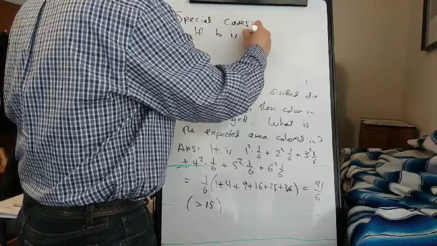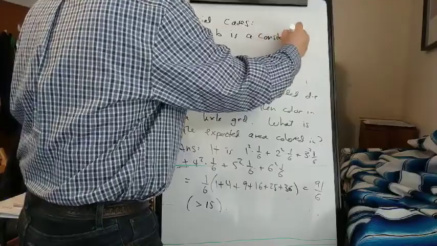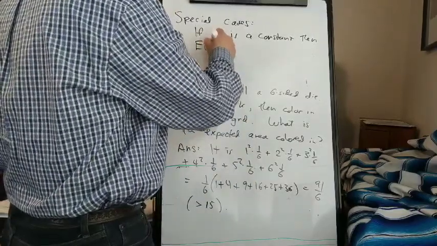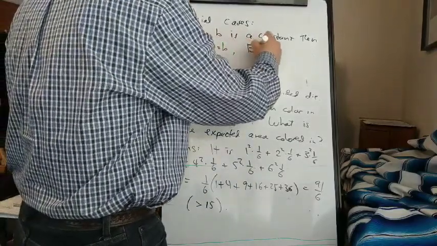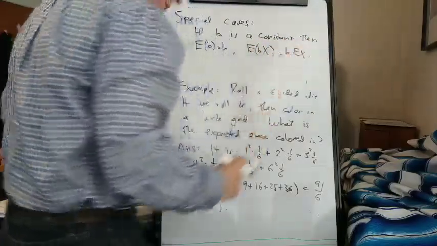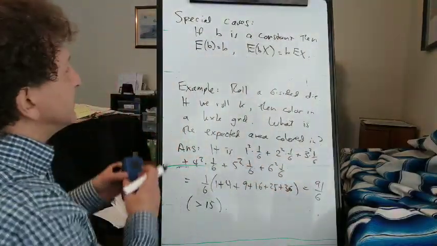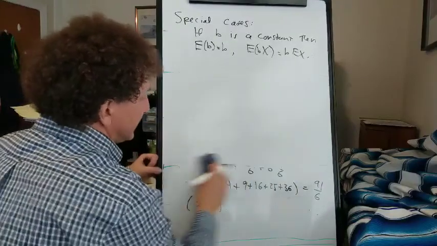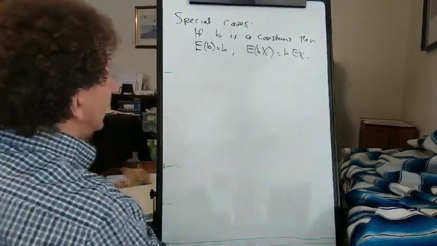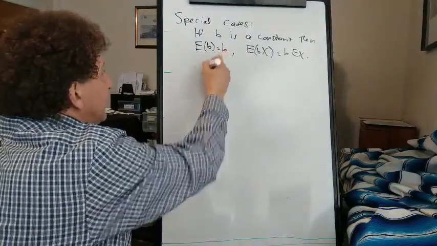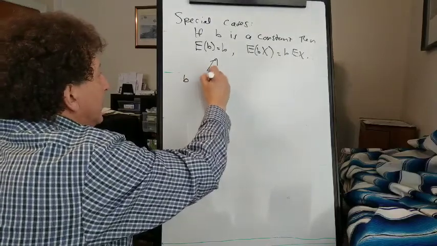If b is a constant, then expected value of b is just b, and expected value of bX is b times expected value of X. Well, the expected value of b being b is not too surprising because this is b with probability 1.